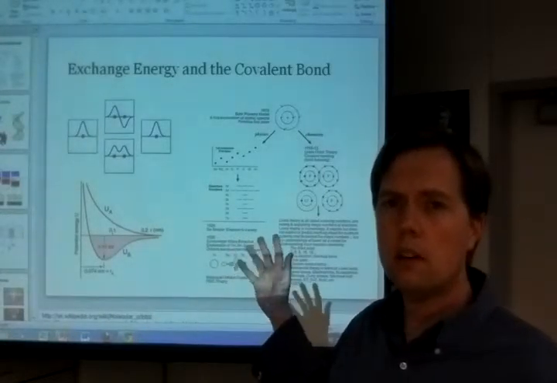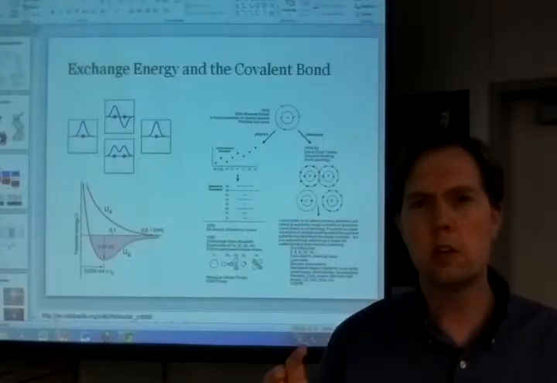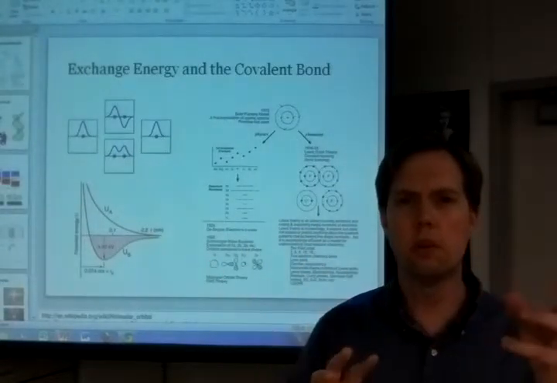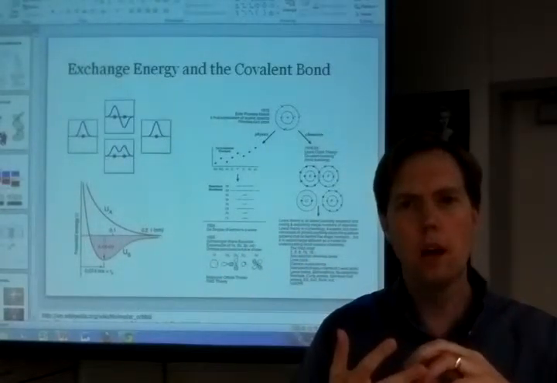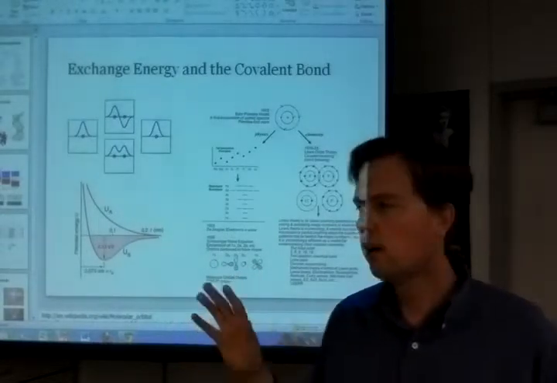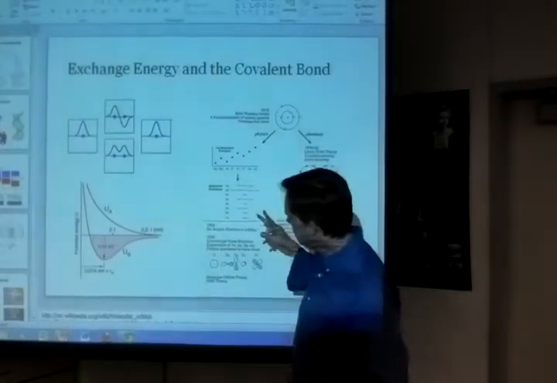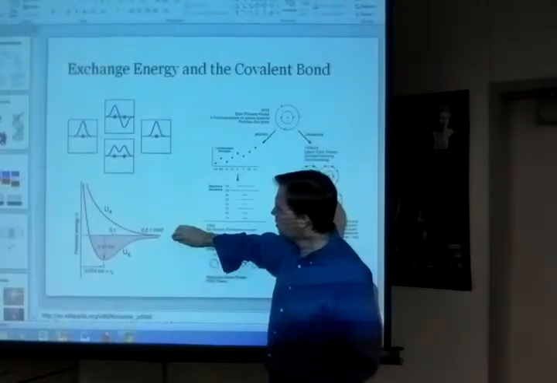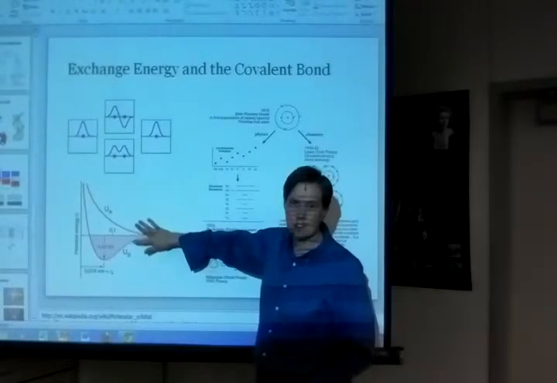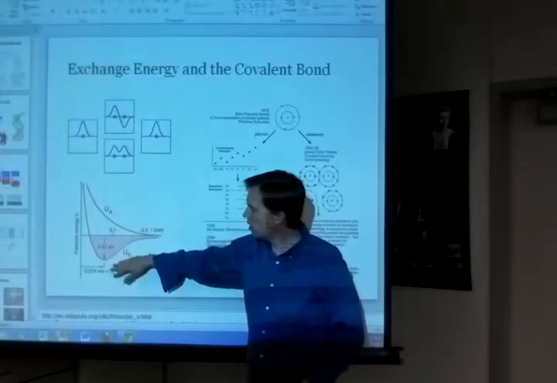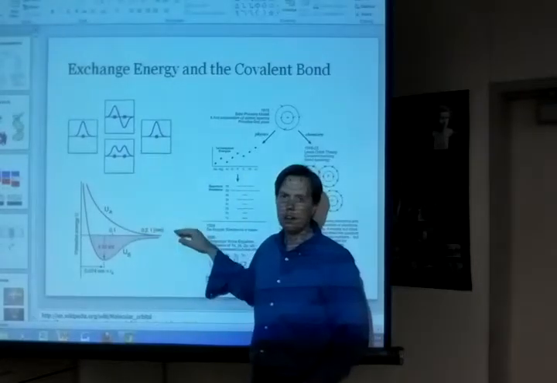So, that was a very simple case, but all sorts of orbitals, once they start to overlap, have this effect where the two orbitals combine together into two combinations that are either energetically favorable or not. They split.